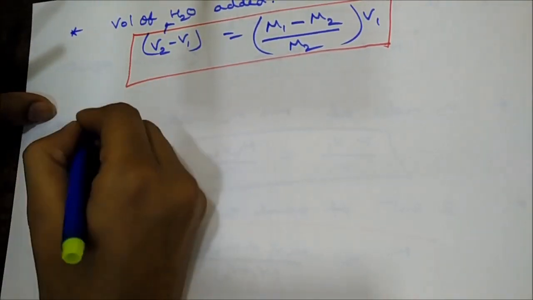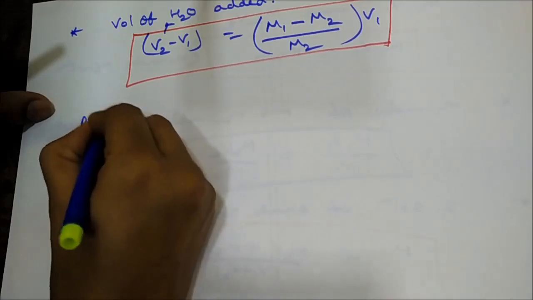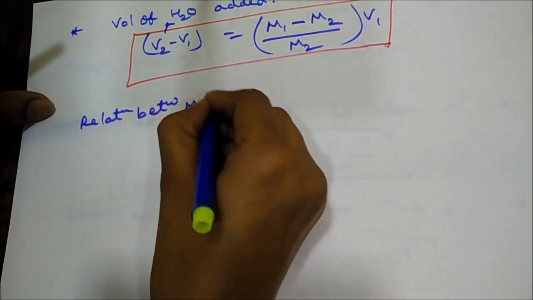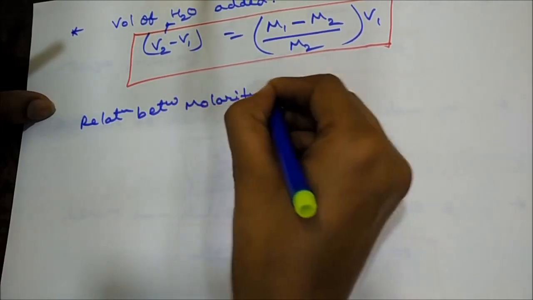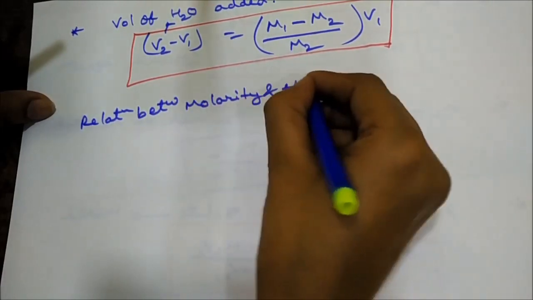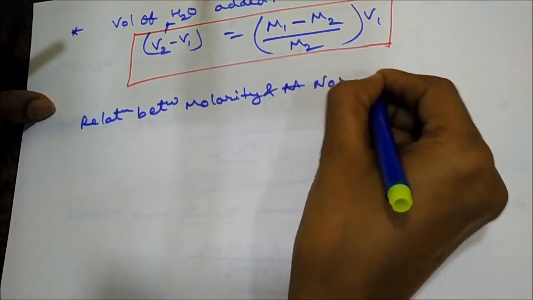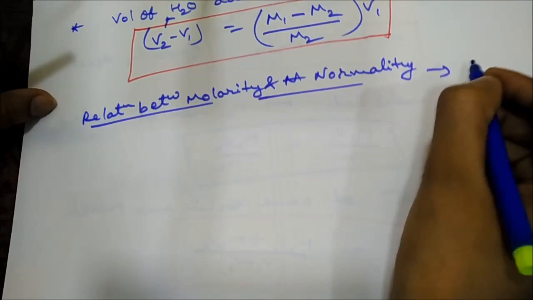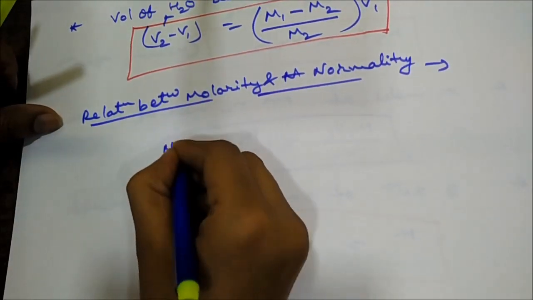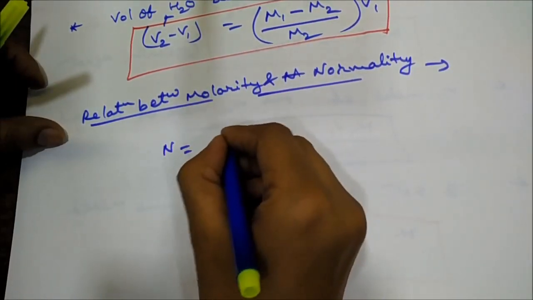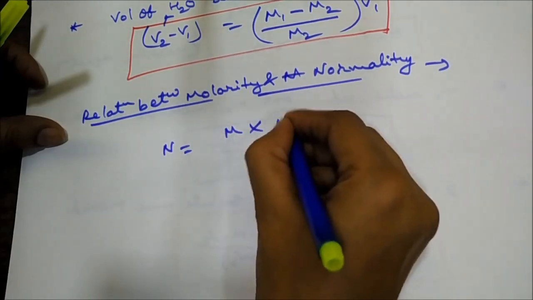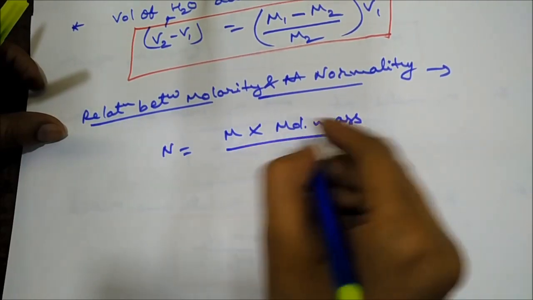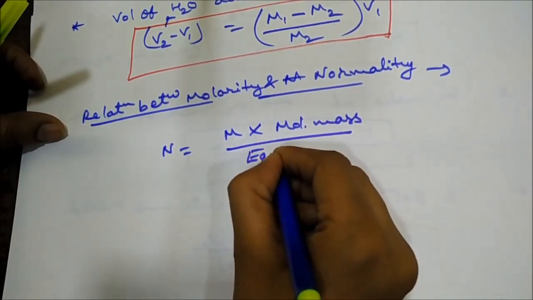Now, relation between molarity and normality. Our normality N is given by M multiplied by molecular mass divided by equivalent mass.